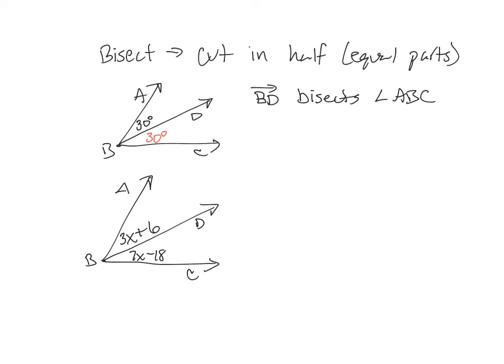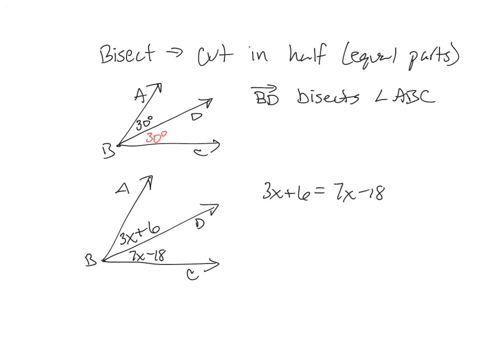Then because it bisects, you don't know the whole thing is however many degrees it is, 70 degrees or whatever. But if it bisects, it cuts it in half or it's equal parts. So this is the exception to knowing something about the whole thing. You know they're equal parts, so I can do this equals this.